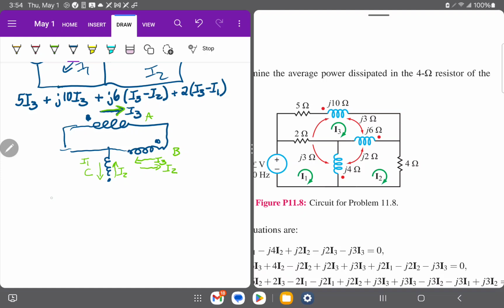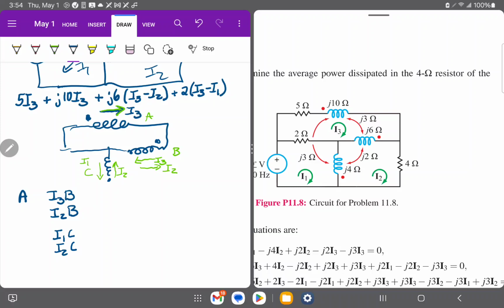So for inductor A, I have to pay attention to the current from I3 through B and the current from I2 through B, and I have to pay attention to the current from I1 through C and I2 through C. All of those currents through those other inductors are going to have an effect on inductor A.